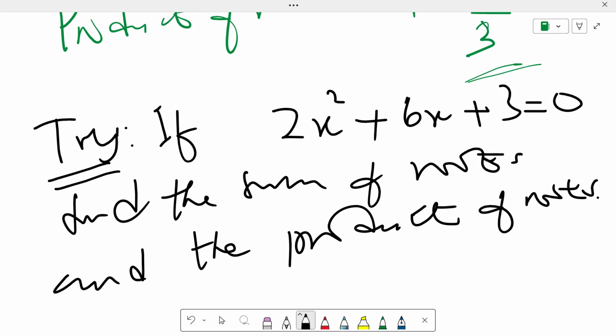Let's see, if 2x squared plus 6x plus 3 equals 0, find the sum of roots.